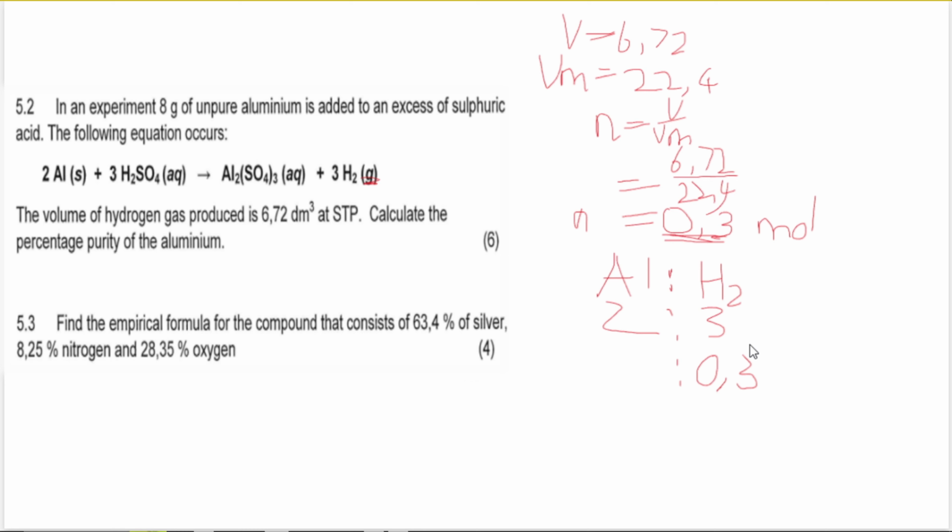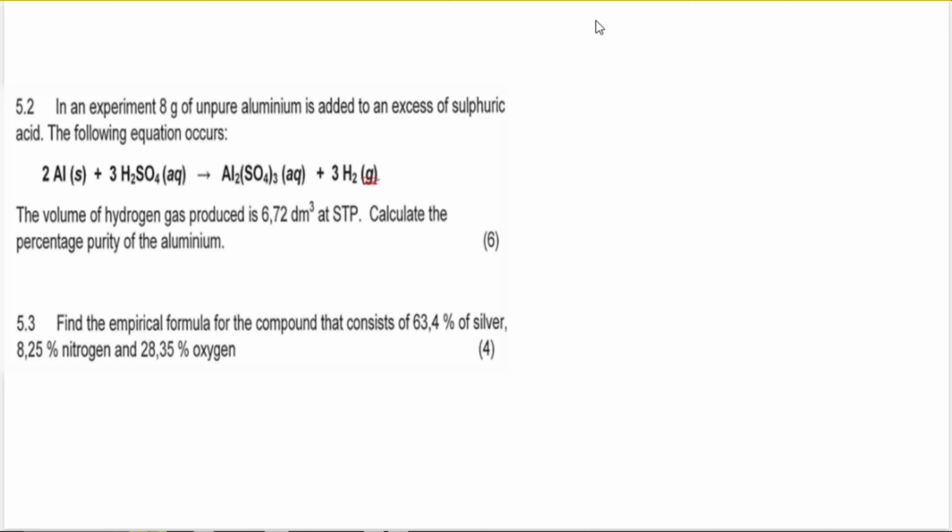That's the number of moles for 1 part in this reaction. We want the number of moles for 2 parts because we want to find aluminium. So we just take that times 2, and then you get 0,2 moles. And now we have the number of moles for aluminium.